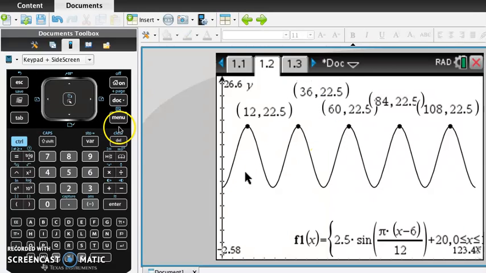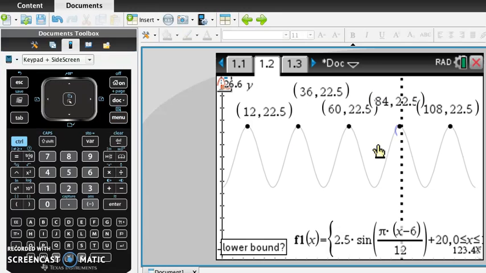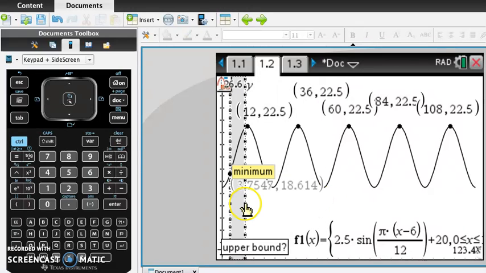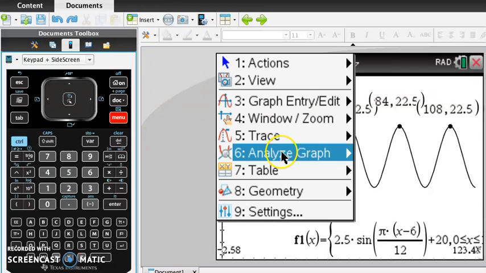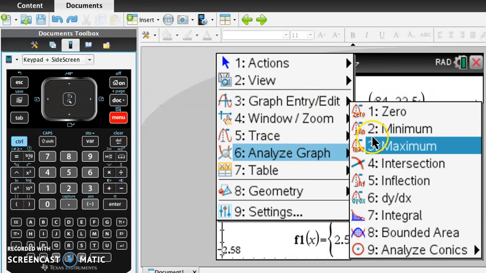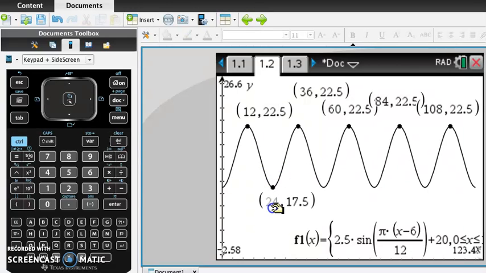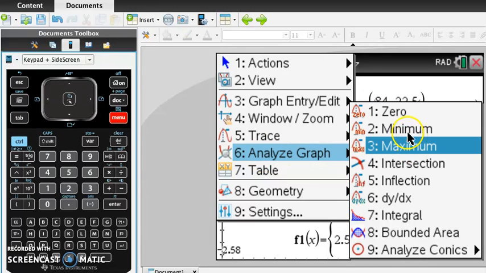And let's analyse the graph minimum. Now we already checked the 0 when we said f of 0, which was 17.5. So let's analyse the graph minimum. We know it's at 17.5. They're nice values. Because they're exact numbers, I'm happy with just analyse the graph.